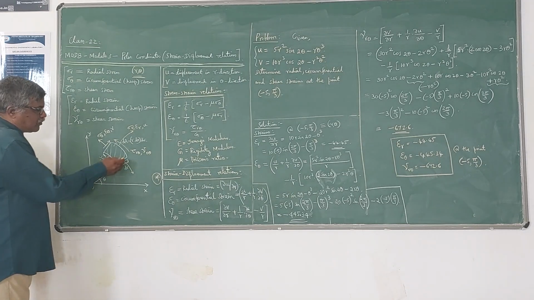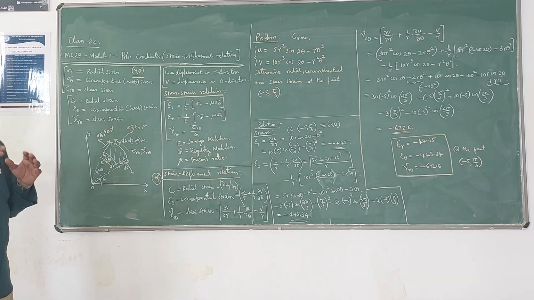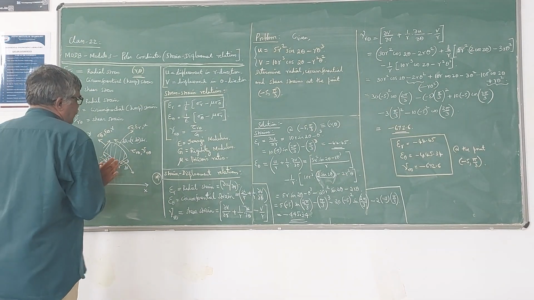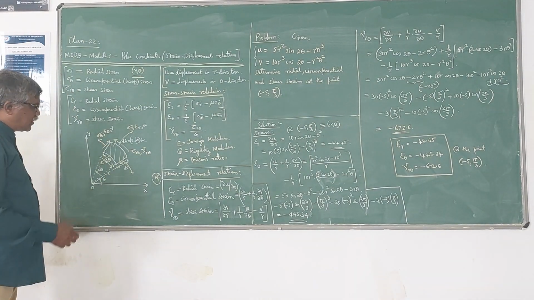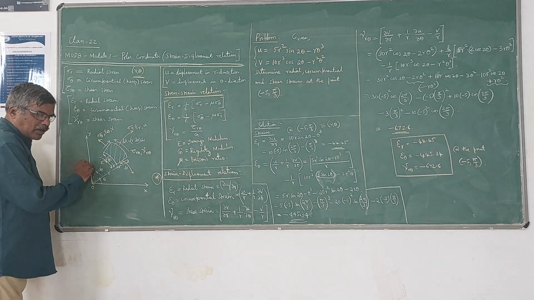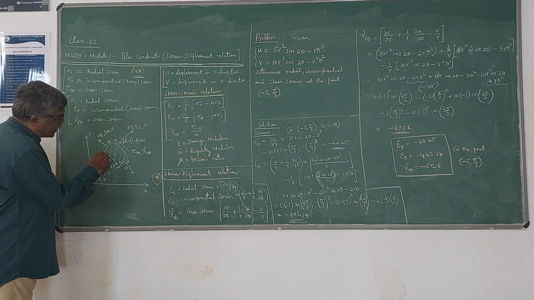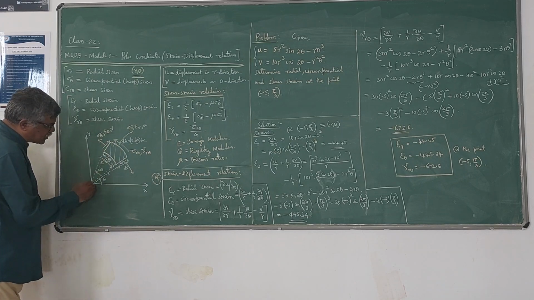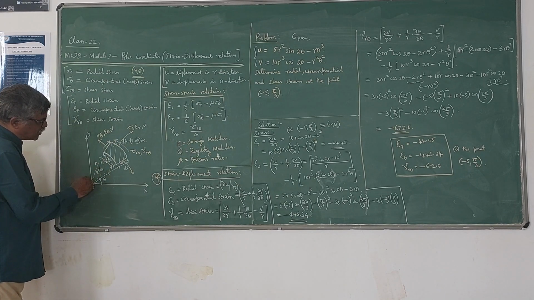So this is the diagram which shows the stresses and also the strains and displacements in r and theta directions. To understand the polar coordinates, we have to consider a curved element like this at a radial distance of r from the origin.